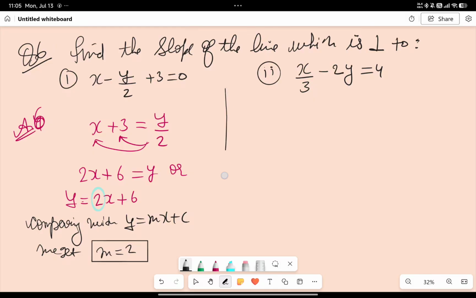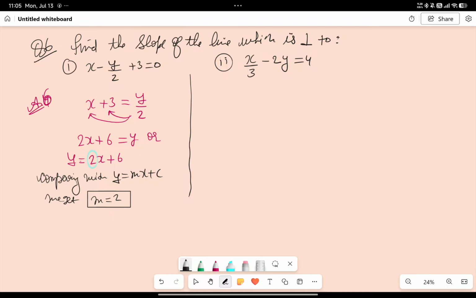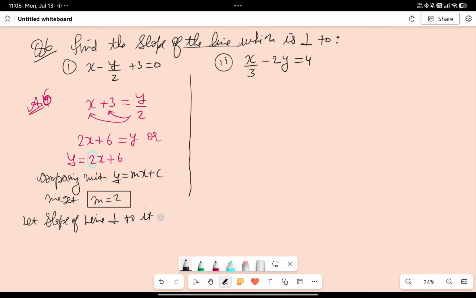Okay. Now when you find m as 2, therefore the slope of the other line, let the slope of the line perpendicular to it be m1.